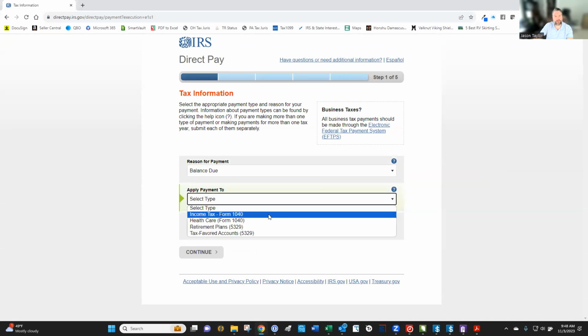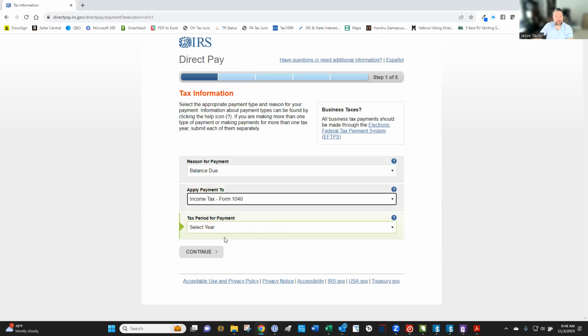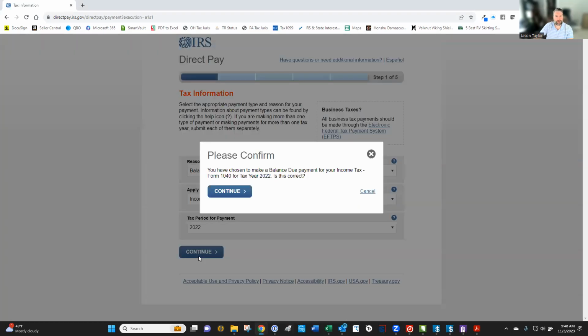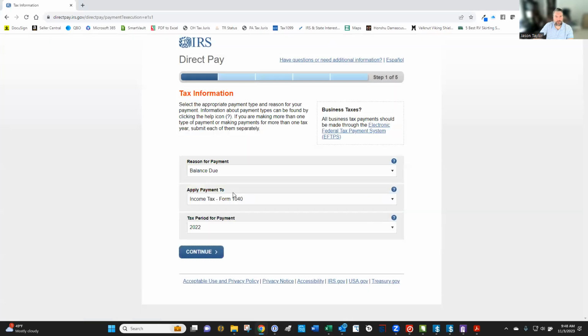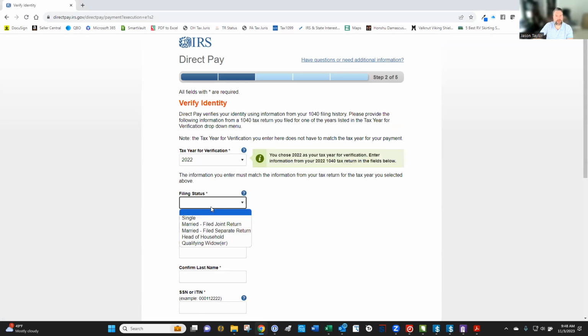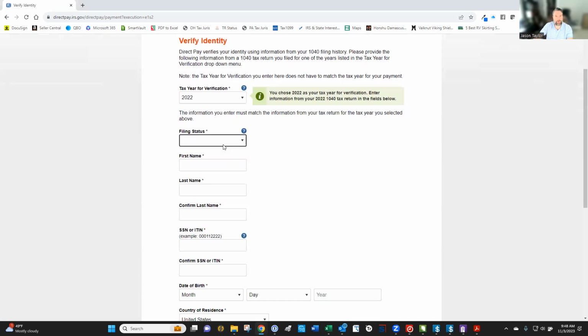It's going to be on the income tax 1040, and then the last year, so 2022. Click continue. Yes. And then you're going to just verify it again, 2022. And then we're going to put in our personal information to see if it verifies it.